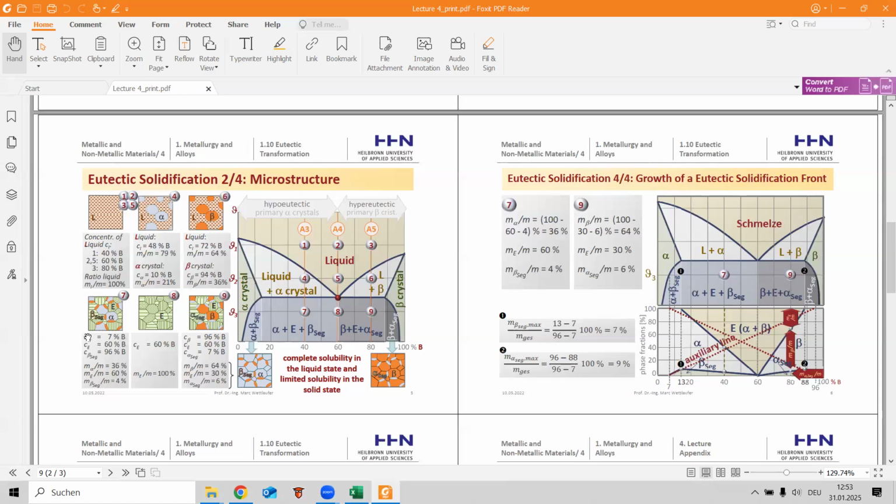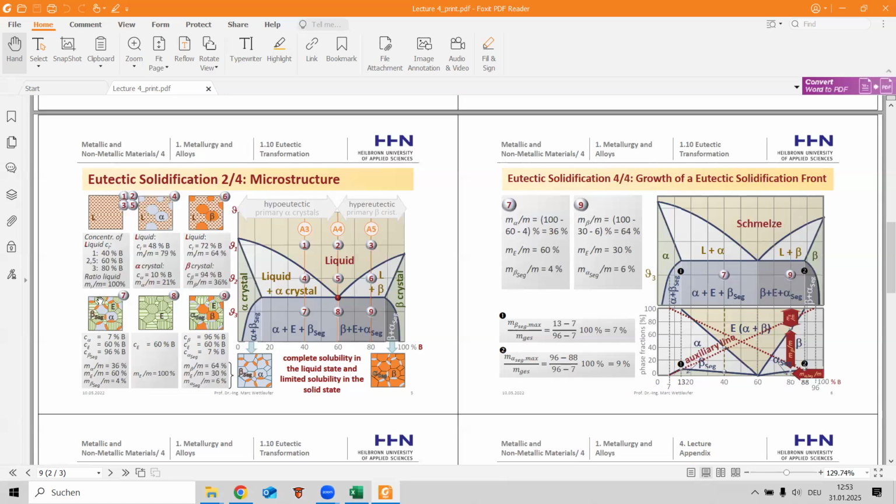We have alpha, so it's 7% approximately here of component B. Eutectoid, so it's 60% component B. And segregation of beta crystals concentration approximately here 96% component B. And then we can find M component divided by total.